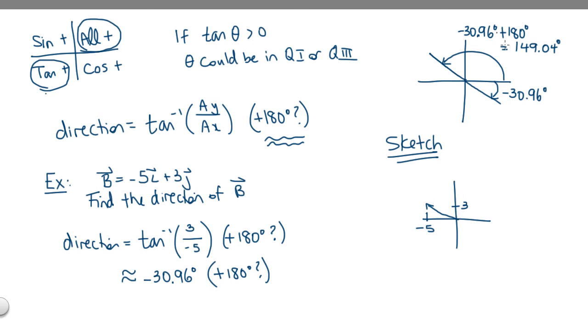Just from matching this to our sketch, -30-ish degrees or -31 degrees is not looking like our vector. Our vector is going in the other direction, so it's this 149 degrees that looks right. That is how we solve the problem. We say the direction is 149.04 degrees.